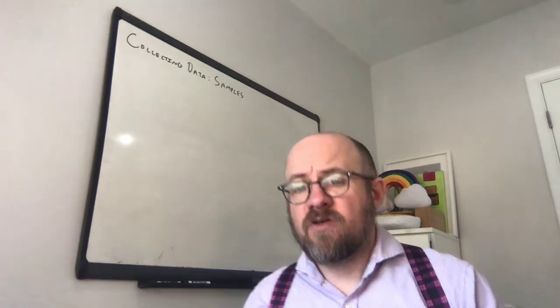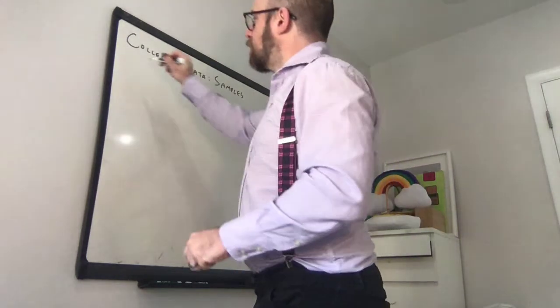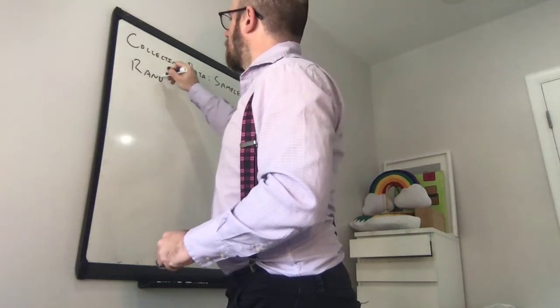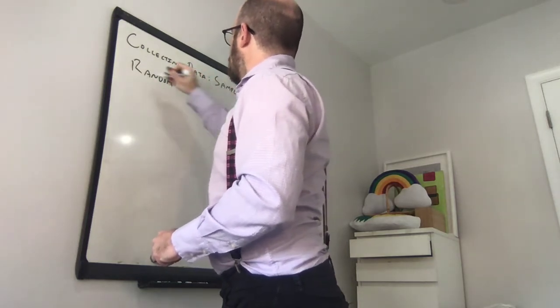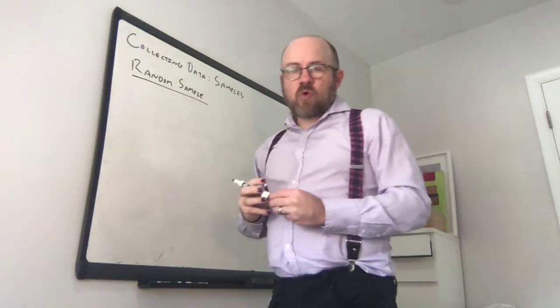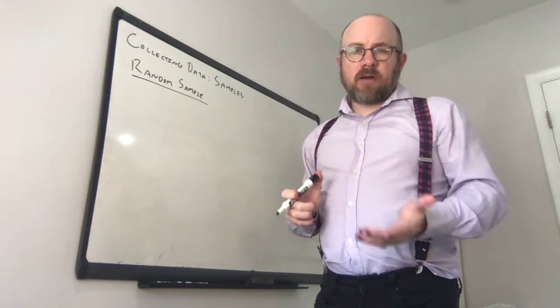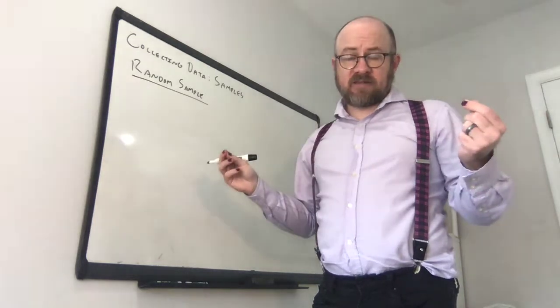The first of these is what's called a random sample. In a random sample, you assign every person a number or something like that and then randomly select them.